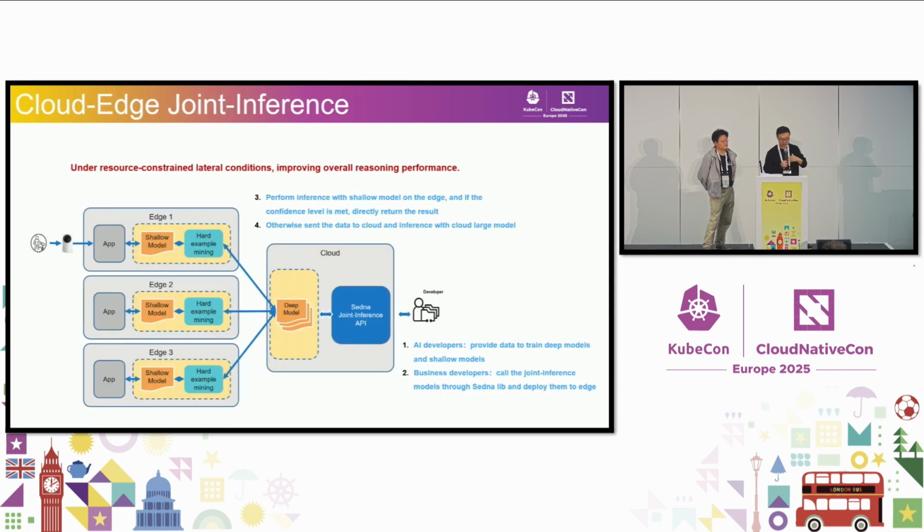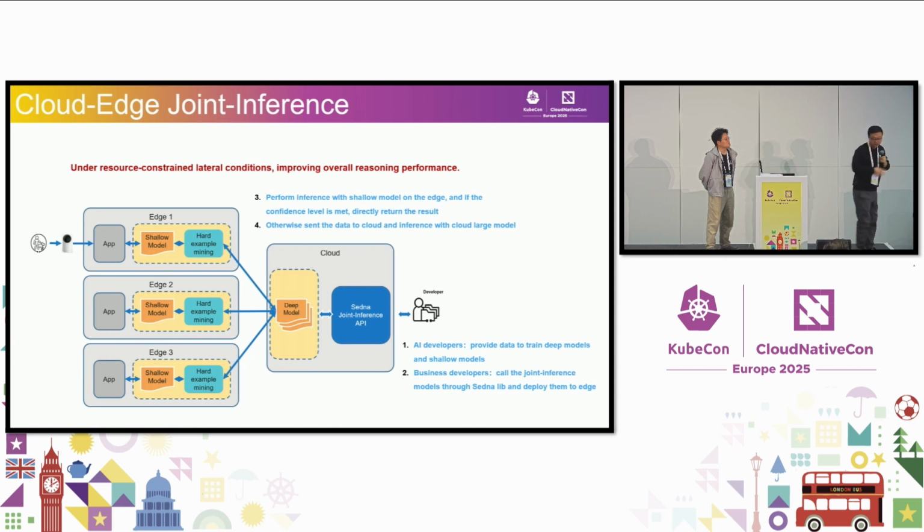Okay, next I will introduce the cloud edge joint inference. What is Cloud Edge joint inference? From the diagram you can see we have devices like the camera, then three edge nodes, edge 1, edge 2, edge 3, and one cloud node. We can deploy the shallow, small model in the edge node, and the deep model to the cloud node.